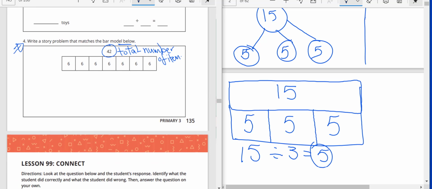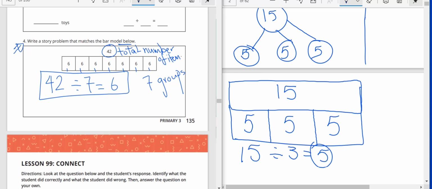Here, how many parts? 1, 2, 3, 4, 5, 6, 7. We have 7 groups. So the division equation will be 42 divided by 7 groups equals 6 items. So write a story problem to match this bar model or this equation as you like.